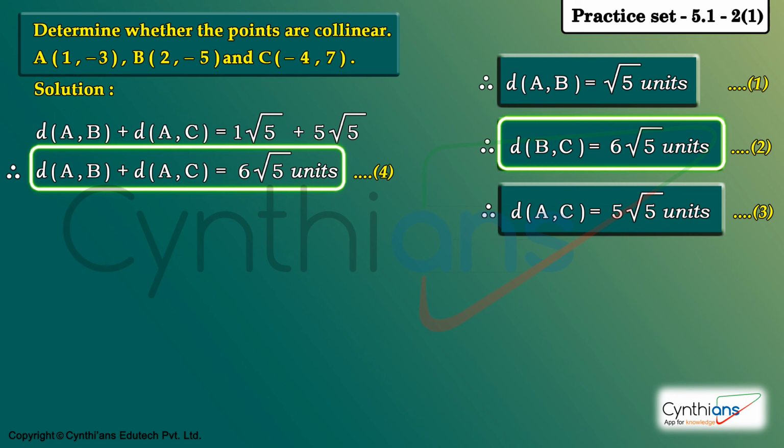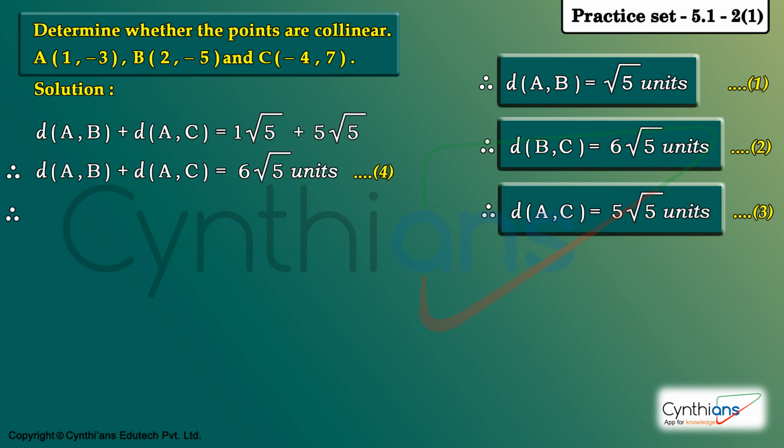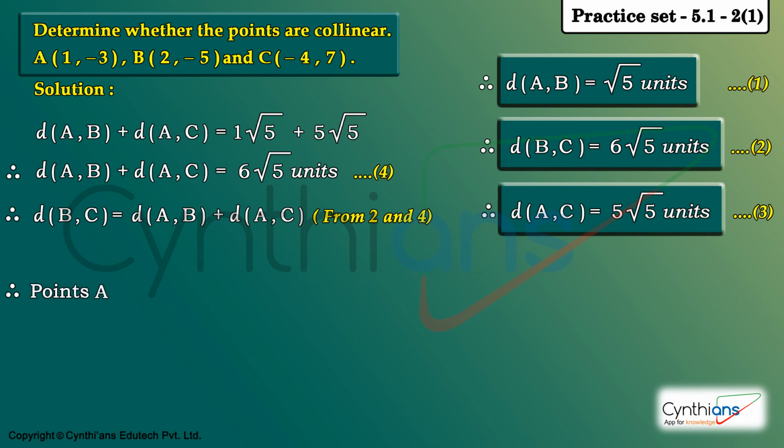Are they equal? Yes, they are 6 root 5 units in both the cases. Hence, we can say that distance of BC is equal to distance of AB plus distance of AC. Therefore, we can say that points A(1, minus 3), B(2, minus 5), C(minus 4, 7) are collinear.